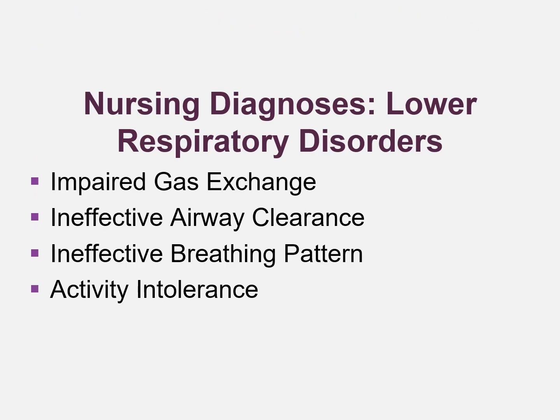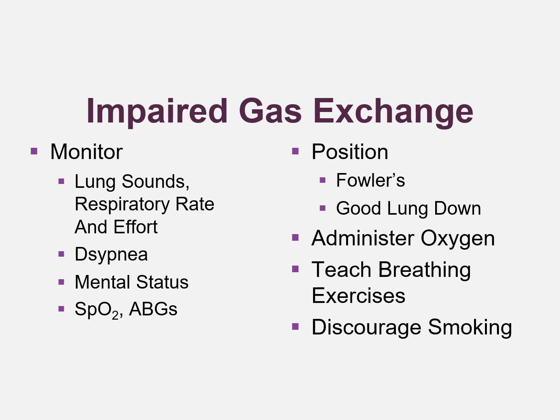So these are some of the nursing diagnoses that a person with TB would be expected to have, and that's going to be the impaired gas exchange, ineffective airway clearance, ineffective breathing patterns, activity intolerance, and some things that go along with the impaired gas exchange: monitoring the lung sounds, shortness of breath, changes in the mental status, and the arterial blood gases.